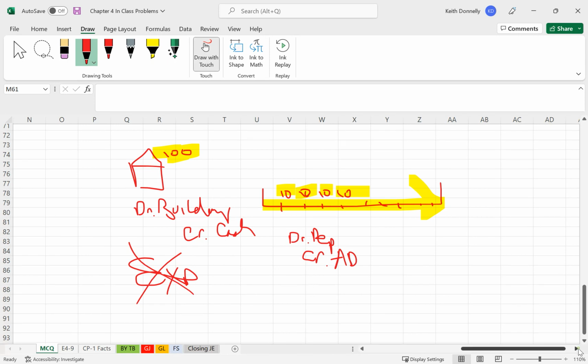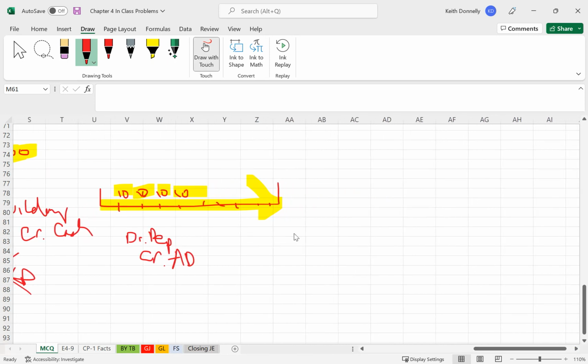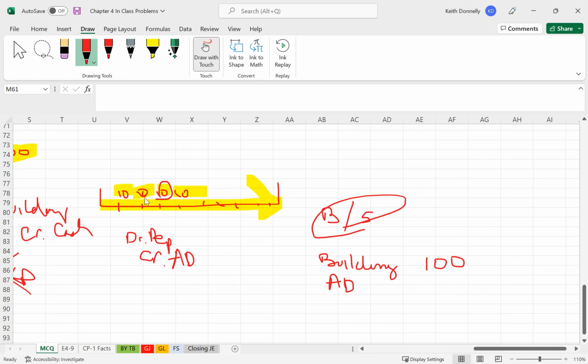And how you put the building on the balance sheet is you would put building at cost 100, then you would put your accumulated depreciation. So let's say we're in year 3. At the end of year 3, we have year 1, year 2, year 3.